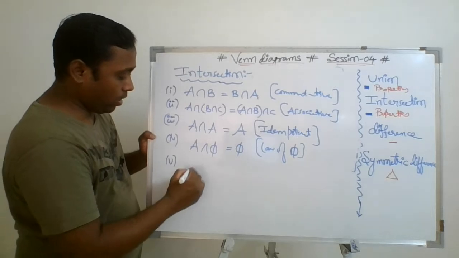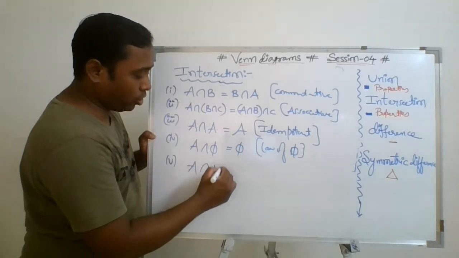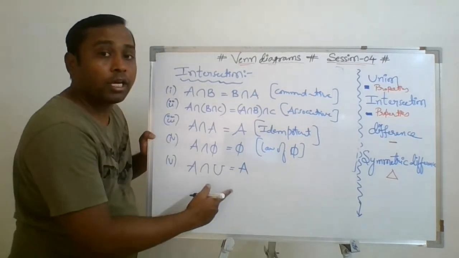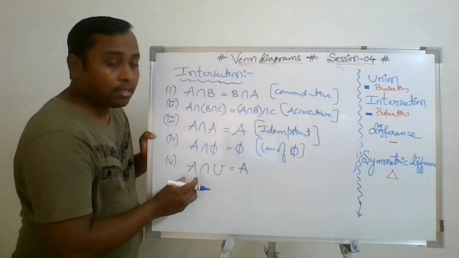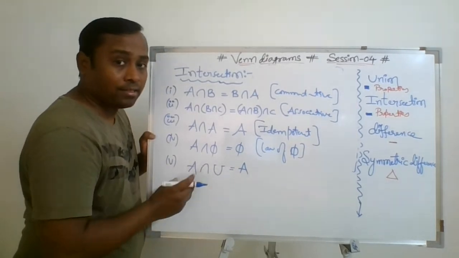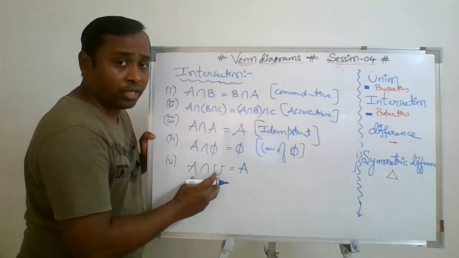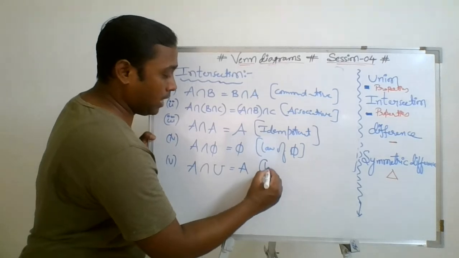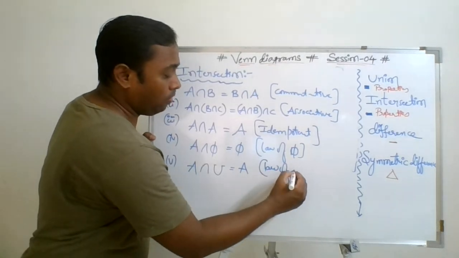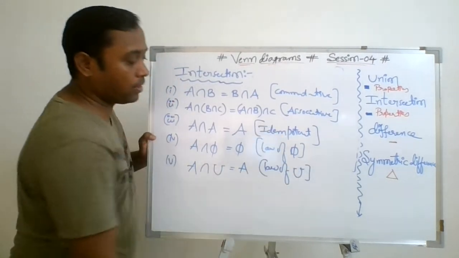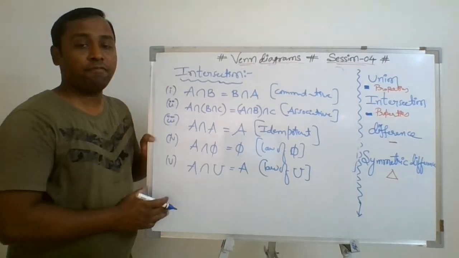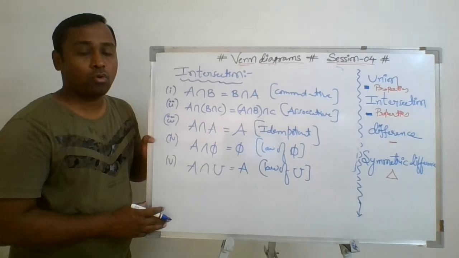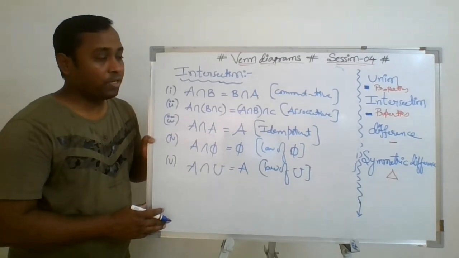And the fifth one, A intersection universal set always gives A only, because A is a subset of U. Hence A intersection U will always give A, which we call the law of the universal set. So simply five rules you need to understand, which are called intersection properties.